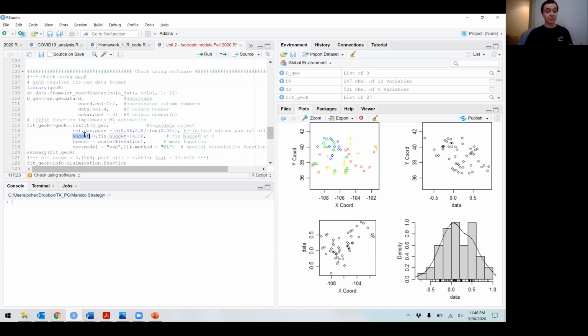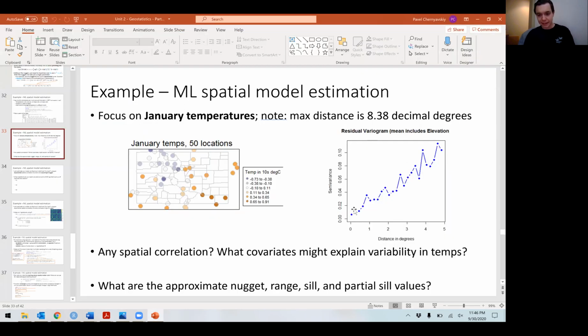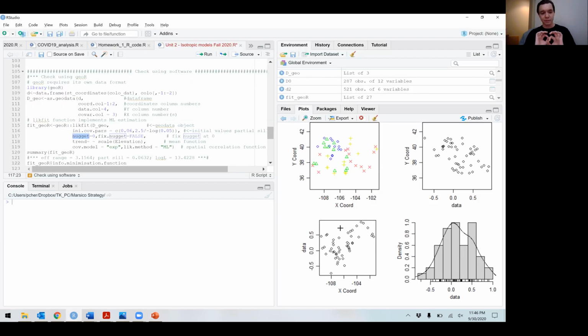But 0 is a pretty good starting value for the nugget effect, right? This nugget is pretty darn close to 0. Starting it at 0 should be completely uncontroversial. So the only thing I'm going to change, I will leave everything else the same, and now we'll simply estimate the nugget effect, as it should be doing in general.